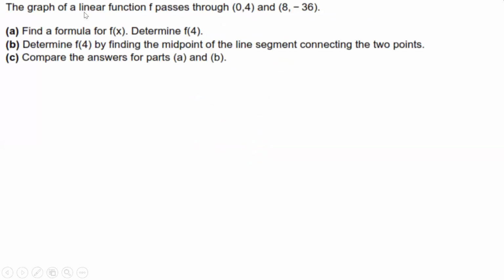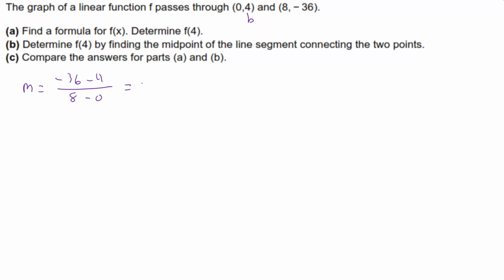All right, here we have a graph of a linear function passing through here and here. We're supposed to find the formula for f of x, then determine f of 4. All right, so what do we know? In this case, this is going to be our b. So we have b already, so that's that. Now we just have to find slope. So first, let's find slope. That's going to be minus 36 minus 4 over 8 minus 0.